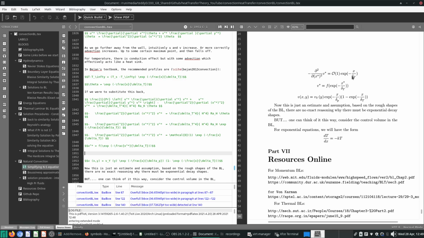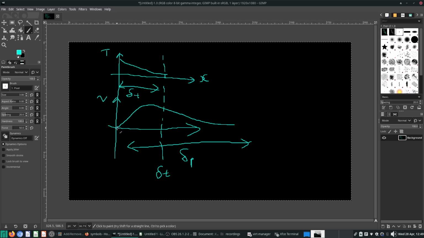Since this actually accounts for the exponential decay, we need something to account for this exponential increase part, because we already accounted for this shape, and this shape actually follows this thermal boundary layer shape. At least within the thermal boundary layer, it follows this. Yeah, that's a more accurate way.